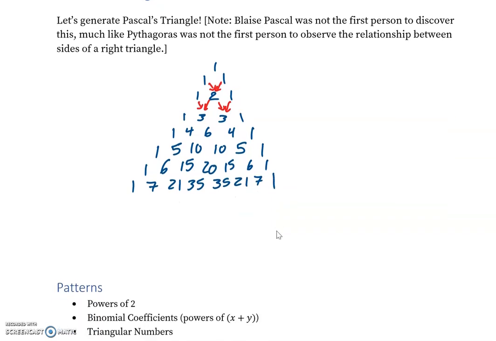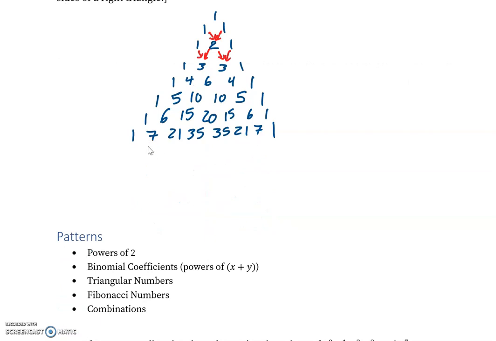So we have a ton of patterns in this. We can use Pascal's triangle to take a look at powers of 2, something we call binomial coefficients, which is usually powers of binomials. A binomial is just, we see the prefix bi, that means 2. So basically an expression with 2 terms in it, like x plus y.